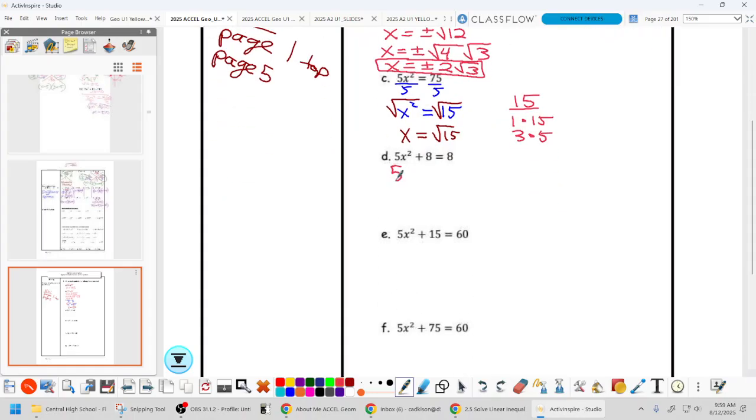Okay, next one, get that 8 over there to a 0, like subtract your 8, divide by 5, and square root. So what is the square root of 0? 0. Do I need to put plus or minus? No. I didn't put that in here. Let me go ahead and do that real quick.